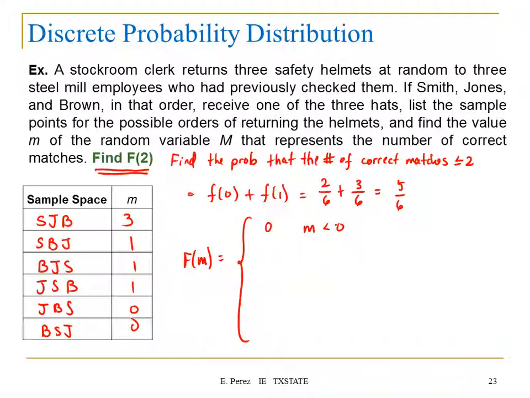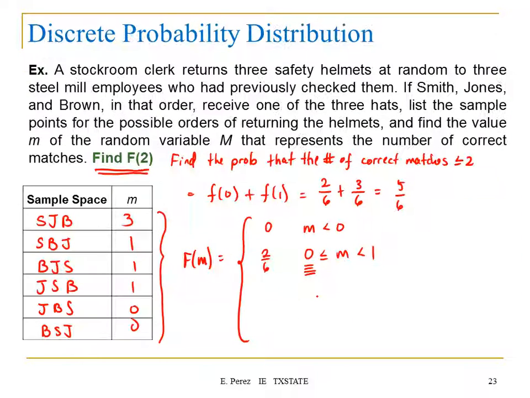Now, based on these numbers, we know that we can go from 0, so equal to 0, up to 1, and that probability is equal to 2 over 6, because it includes the values in which 0 is observed.